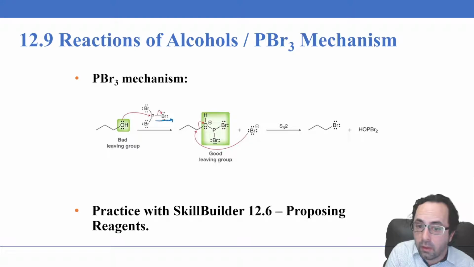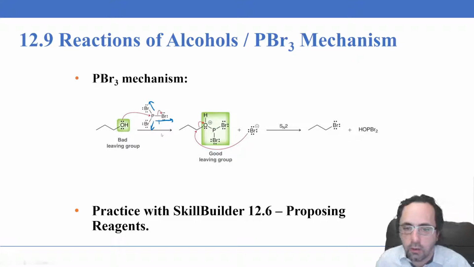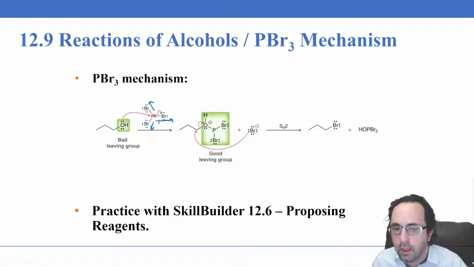So these electrons are being pulled all away from this phosphorus. So it's partially positive very much in here. So these electrons want to go and attack this. And then at that point, the bromide can attack, similar to the last reaction as an SN2, and we lose this. So essentially, these are other ways to convert the OH into a decent leaving group.